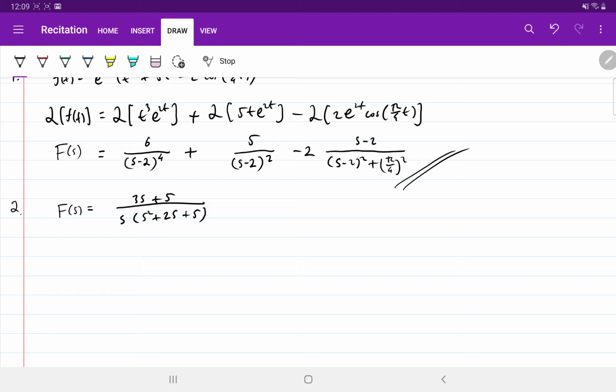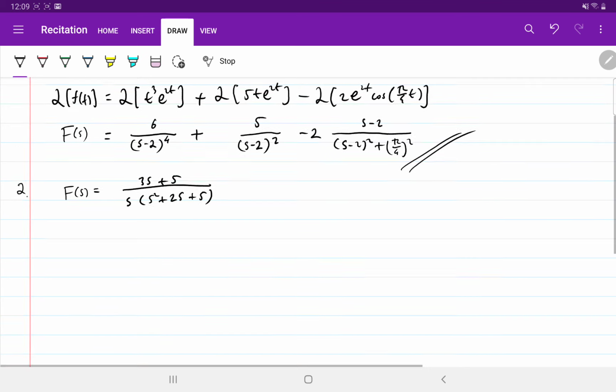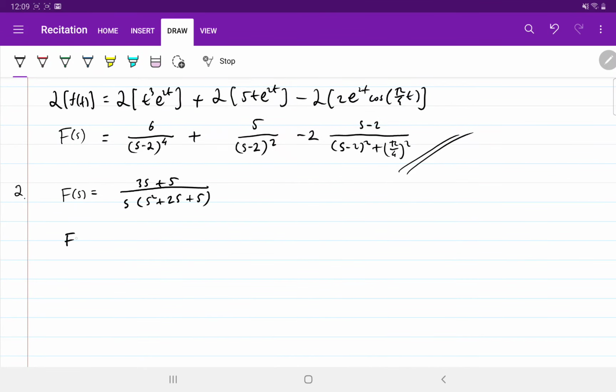So hopefully you guys still remember the partial fraction expansion. So we need to use that to factorize this fraction of polynomials. We know that s squared plus 2s plus 5 has complex roots. So to make it easier, we do not need to separate them.